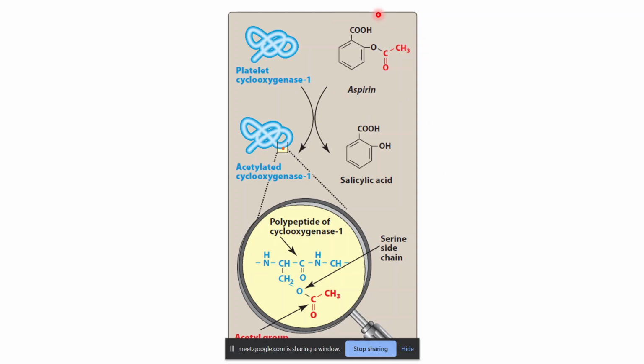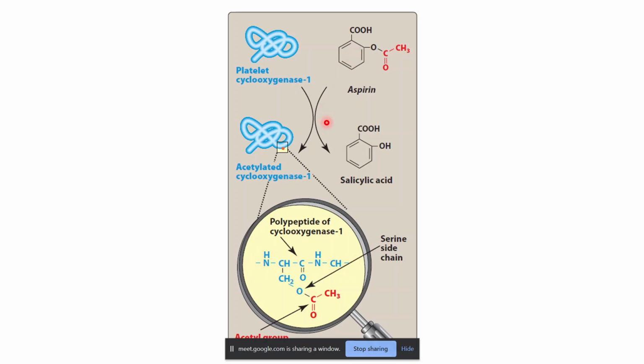This is an aspirin molecule, and aspirin will acetylate the cyclooxygenase, so this acetyl group will move to the enzyme and will acetylate the serine side chain in the peptide.